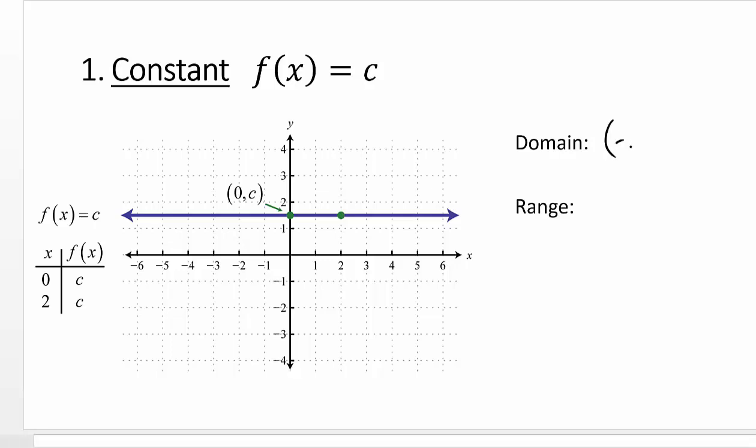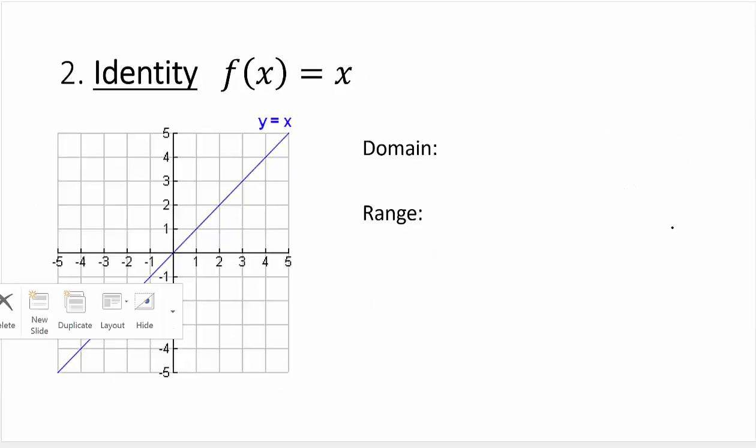So I know my domain would be the set of all real numbers, or in interval notation again, negative infinity to positive infinity. The range again is a set of all y values that are going to come into play on our graph. So as we're looking at this, there's really only one y value, right? So we're just looking at the set of all c, because that's the only y value that we're going to get out for our constant function.